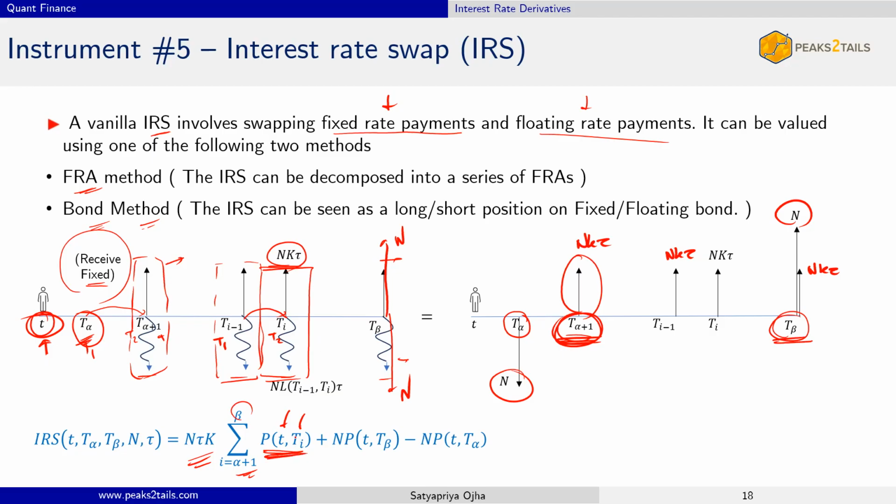So you would already have calculated the zero coupon bond prices for different maturities. Just plug in the discounting factors. You get this. And additionally, there is an N inflow at T beta, that is this guy, and an N outflow at T alpha, that is this guy. That's the valuation of the IRS.